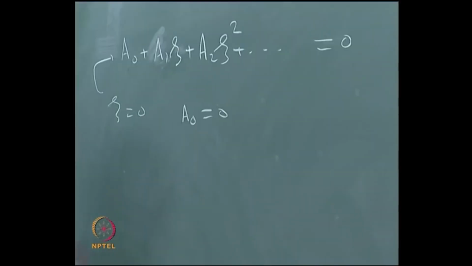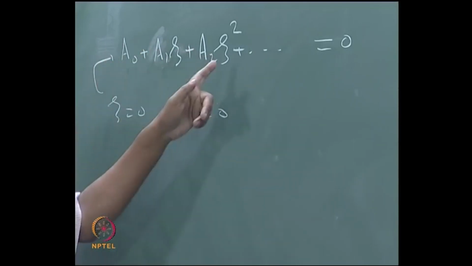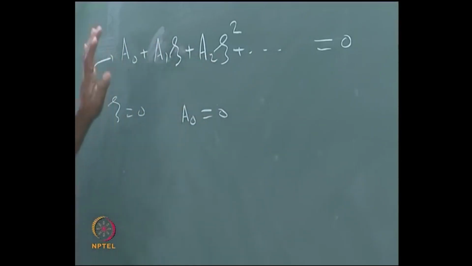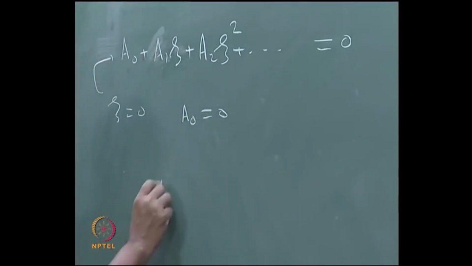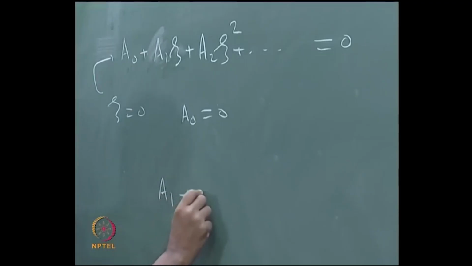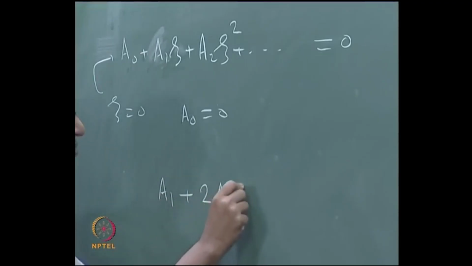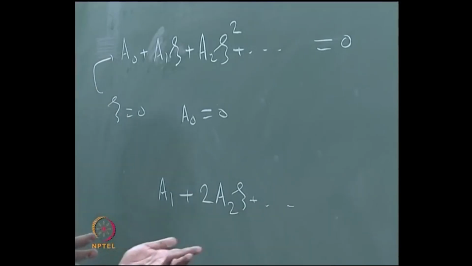fine. Then you differentiate this with respect to c, because this is valid for all values of c, I can differentiate it. If you differentiate, the first term will go, the first term will be a1, the next term will be 2 a2 c plus etcetera, and you put c equal to 0, and the right hand side has to be 0, because you are differentiating 0.